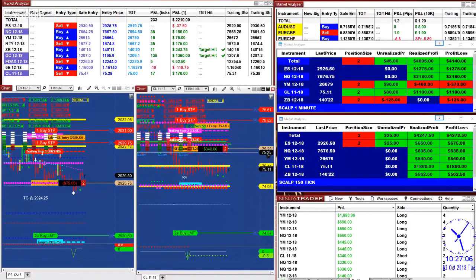I'm trying so hard to find any kind of trade, and I cannot find anything on the Nasdaq, ES, or Dow Jones. I don't see anything to enter the market. All I see right now is chop, chop, chop. So there is nothing.